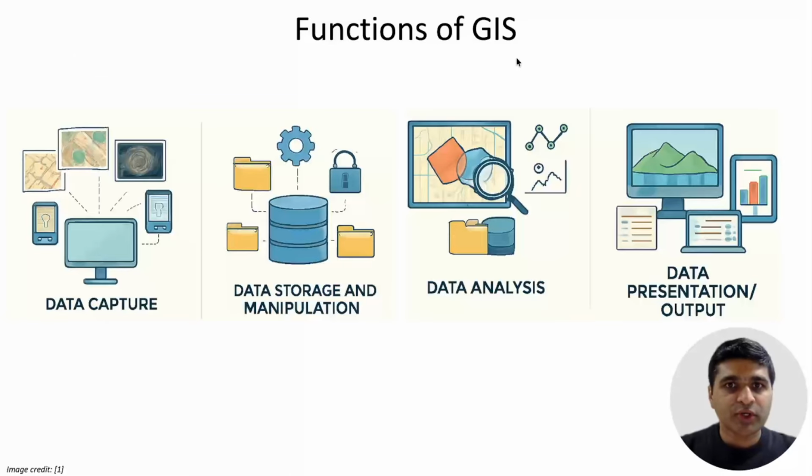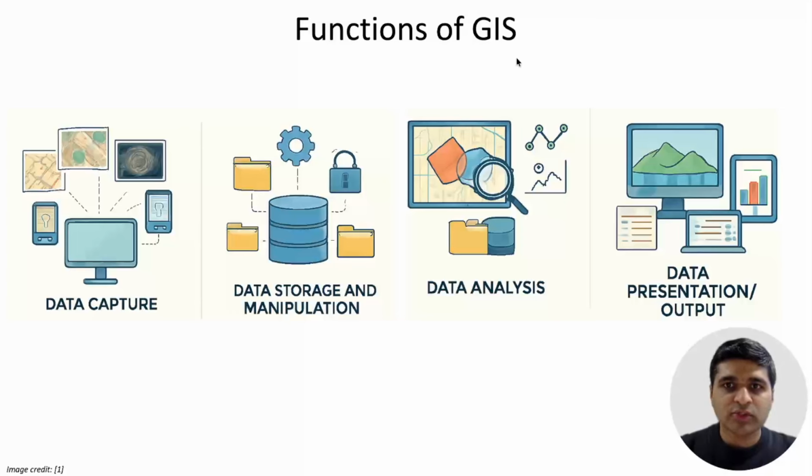The first important function of GIS is data capture. It brings together information from many sources like paper maps, aerial photographs, satellite images, GPS points, or ready-made digital files. The second function is data storage and manipulation. Here, GIS stores data safely in databases, keeps it accurate, and lets us retrieve and update it whenever we need.